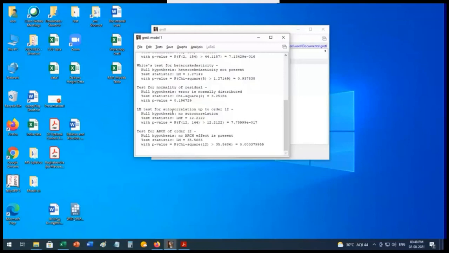Then what is the distributed lag model? In the distributed lag model, we have the lagged values of the independent variable. So in an ARDL model, we will have the lagged values of both the dependent and independent variables. So this is what we are going to do now. We are going to estimate an ARDL model.